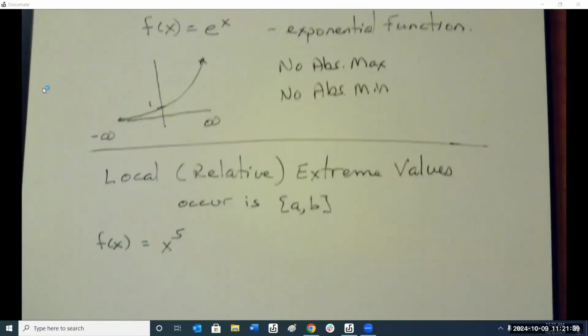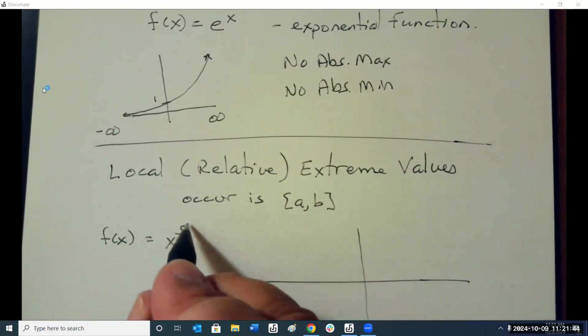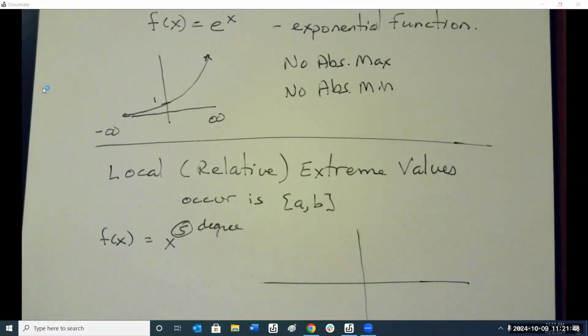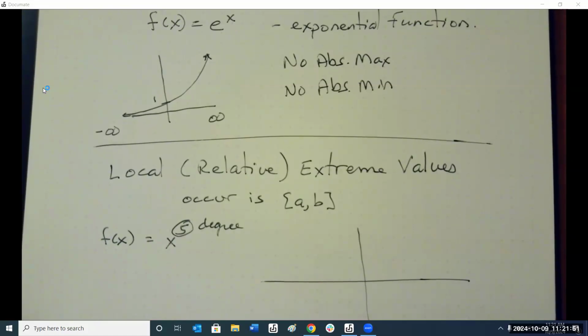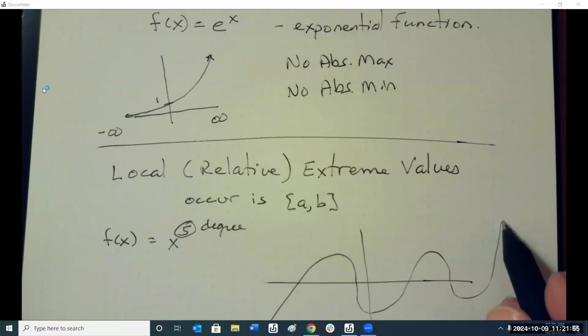The graph of a fifth order polynomial, remember, this is the degree, which tells us how many solutions we can have, looks something like this.